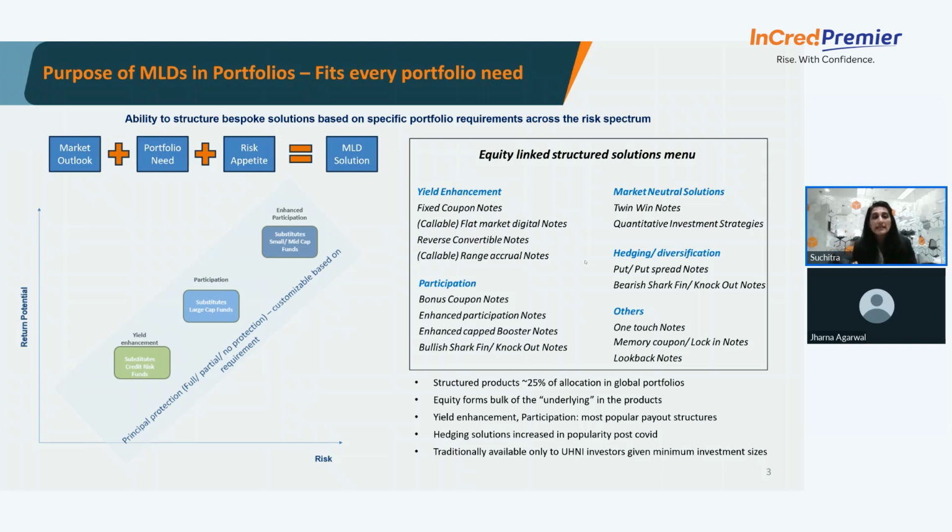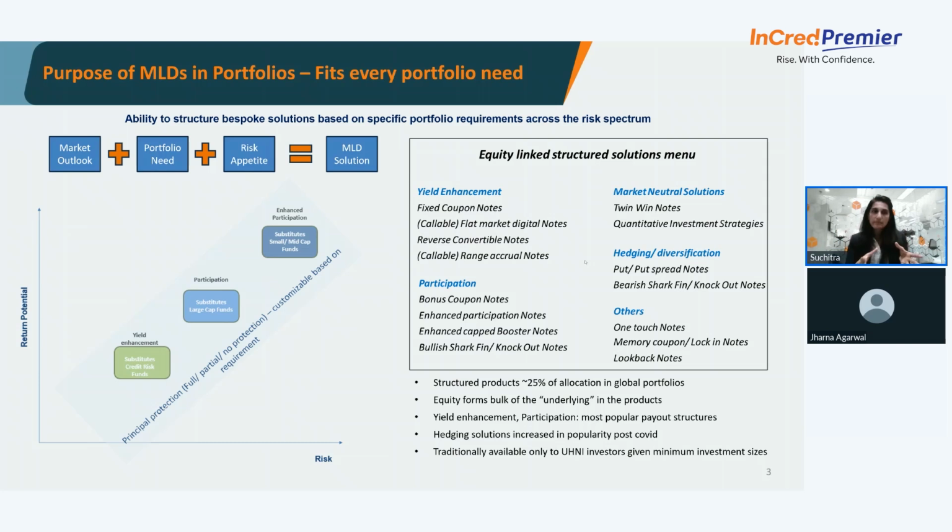We see tiny allocation to MLDs. So there is a big gap, and we're trying to wonder why there is a big gap and to bridge that gap by providing you more and more solutions. One of the reasons could be there aren't too many customized or different structures out there in the market. Here at InCred, we are able to customize and design different payouts for you based on your view.